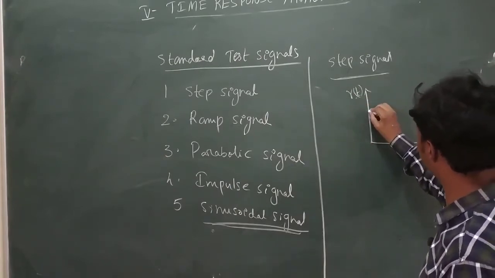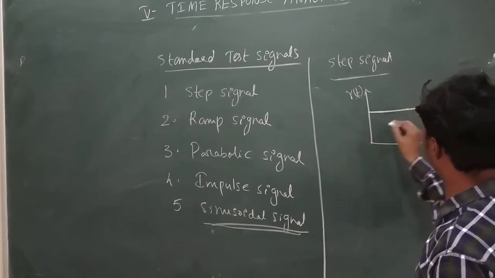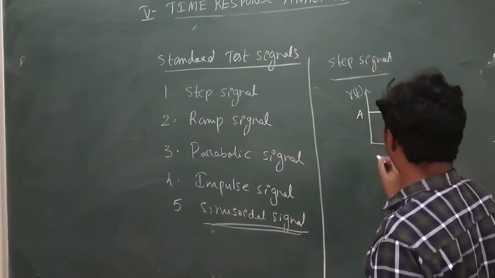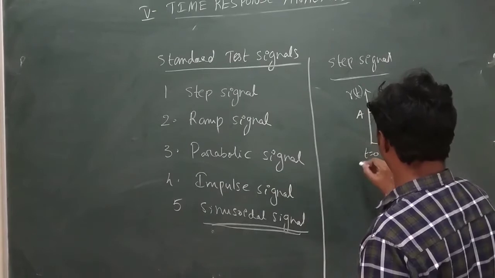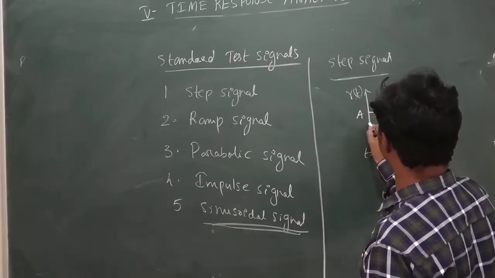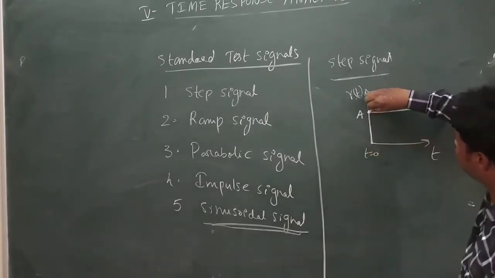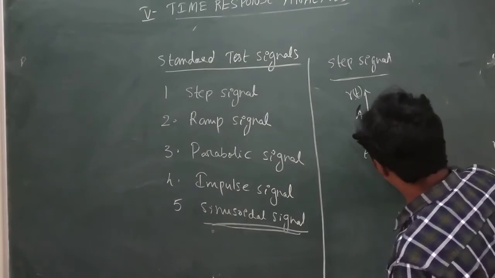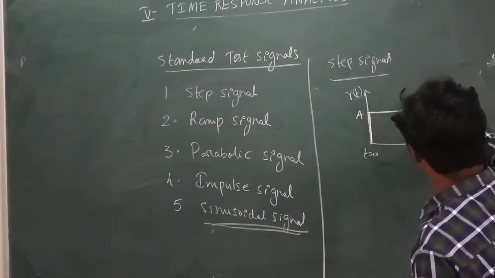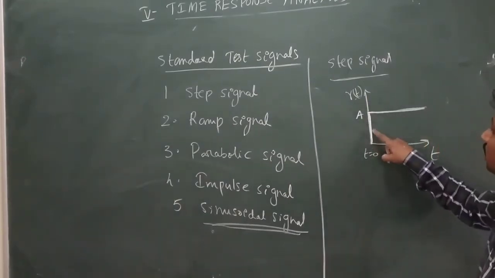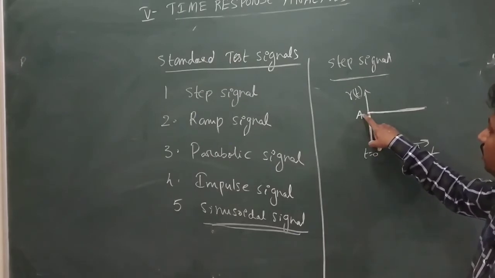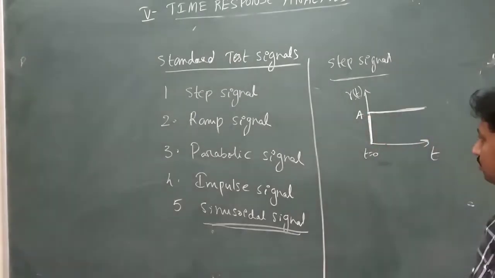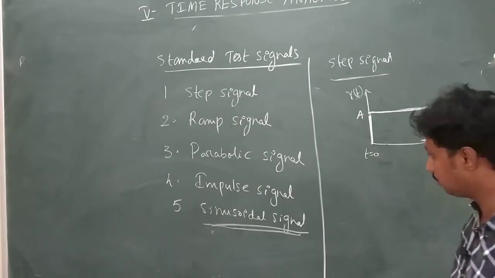So this is the step signal, with amplitude A. At t equal to 0, it rises and maintains constant. You see this thick line. This is the step signal. At t equal to 0, it suddenly rises to the point A and is maintained constant.